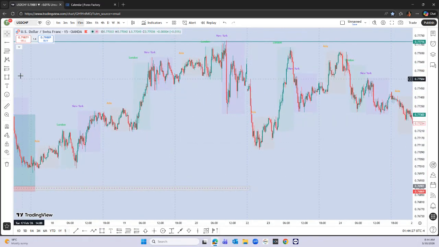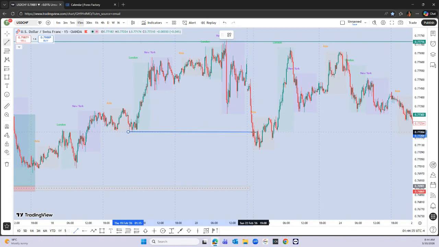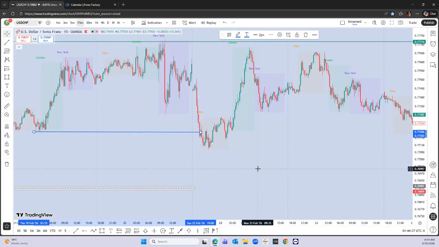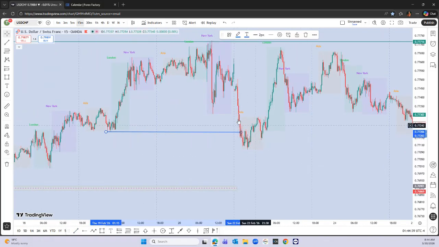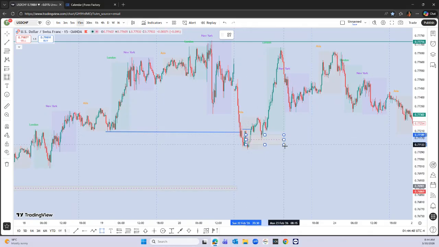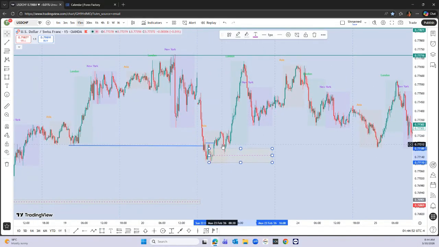So then after that, the next time, what I'm seeing here is the price taking out those liquidities, right? And after the price takes out those liquidities, what I want to look at is this shift in market structure. And then now we have the OB, the price coming to the OB, and then there we have another entry. All right, another entry there.